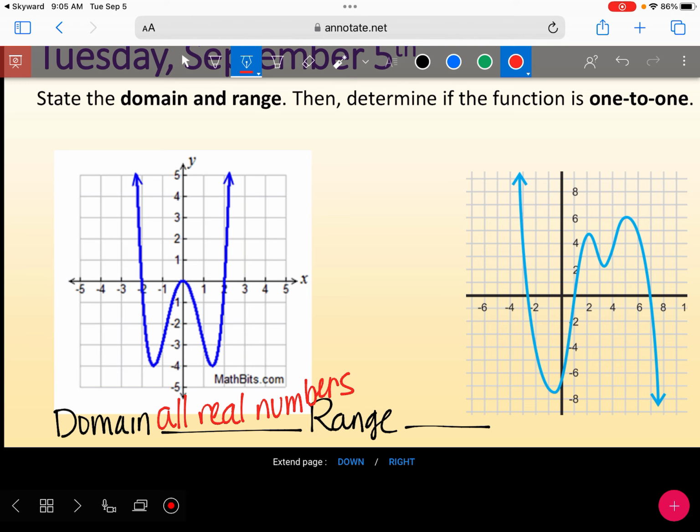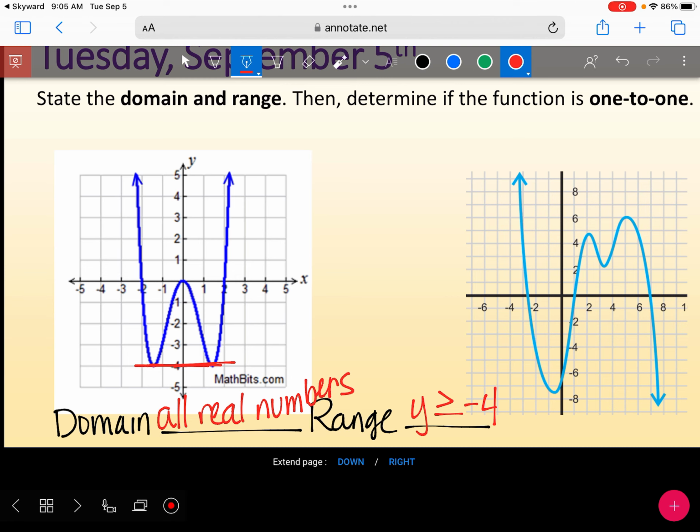Your range for this graph, because you have 2 arrows pointing up, would be y is greater than or equal to your lowest point, which is right here. And what does y equal right there? -4. So that would be your domain and range for that first graph.